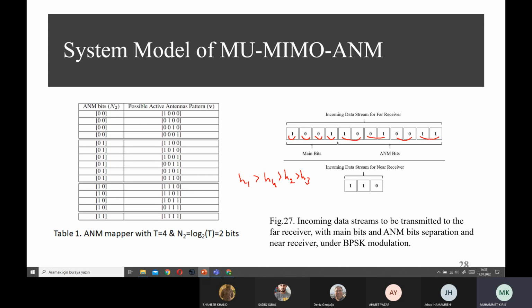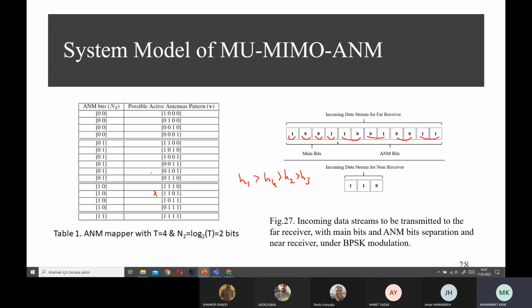So the first antenna is offering the highest channel capability, so this is our first priority to enable, and then the fourth and the second and the third. So when we look at it, we can see that we can use this case. So we can activate the first, second, and fourth.